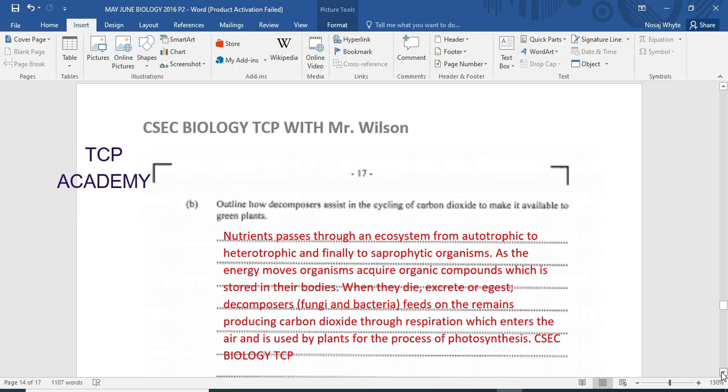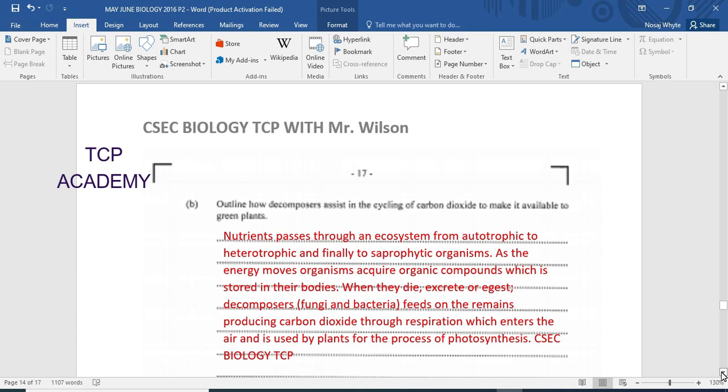As the energy moves, organisms acquire organic compounds which are stored in their bodies. When they die, excrete or are ingested, decomposers, fungi and bacteria, feed on the remains, producing carbon dioxide through the process of respiration, which enters the air and is used by plants for photosynthesis.